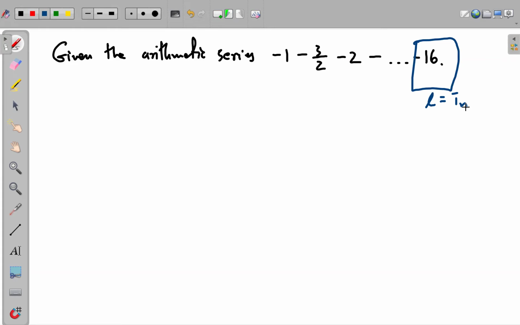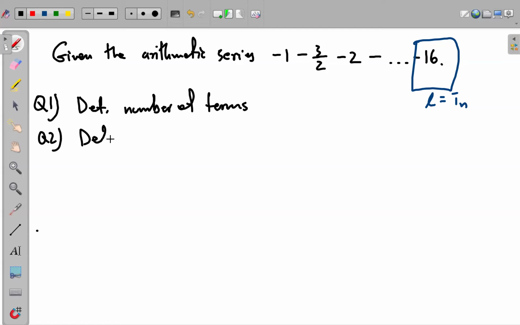So obviously the question is, or let me write the questions. They are not so obvious. The first question here is, we want the number of terms. So determine the number of terms in the series. So actually, how many terms are here? And then the second question will be, calculate the sum.